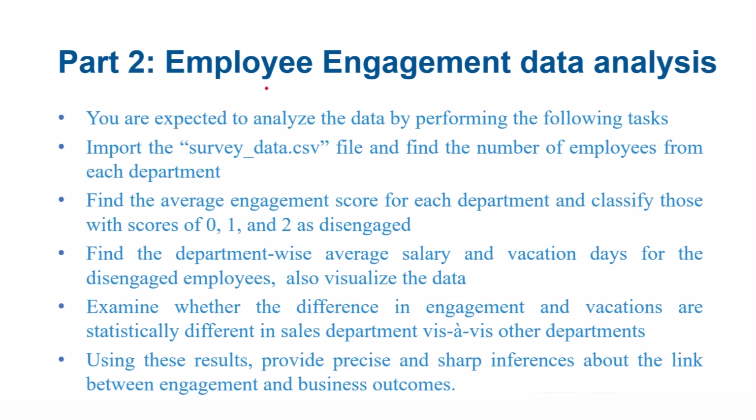In the second part of this case study analytics, we are supposed to do employee engagement data analysis. Here, we are expected to analyze the data through visualization and performing the following tasks. First, we'll import the survey data file and find the number of employees from each department. We'll find the average engagement score for each department and also classify those scores with 0, 1, and 2 as disengaged.